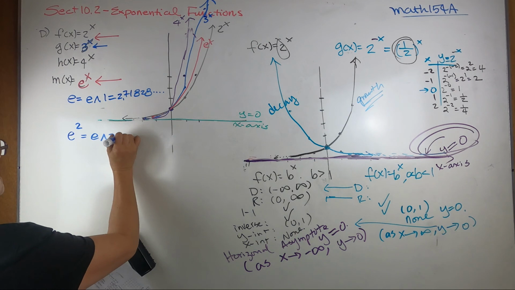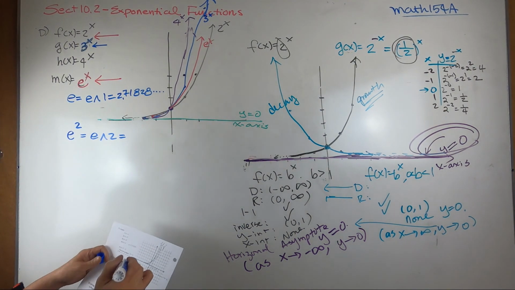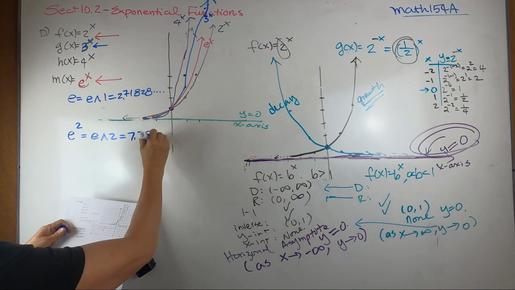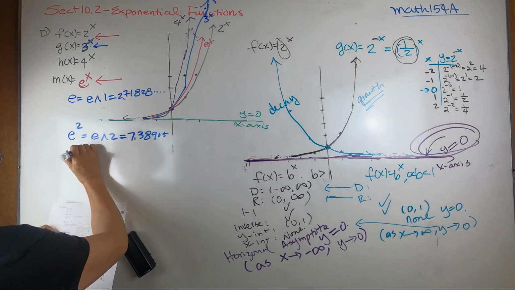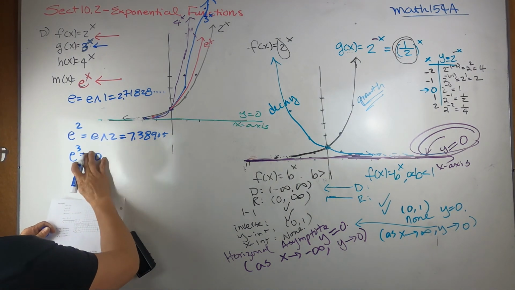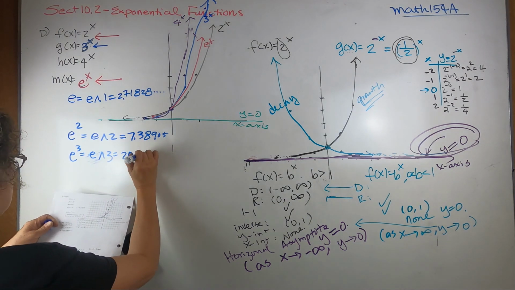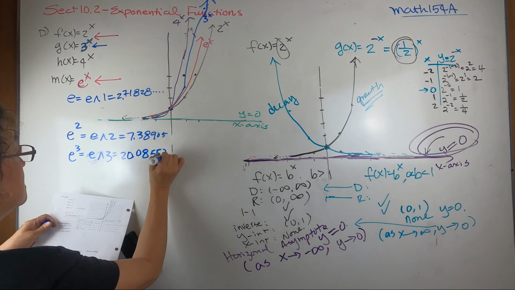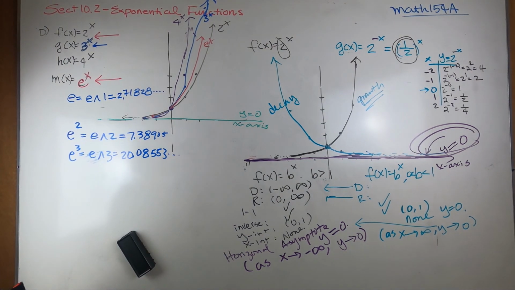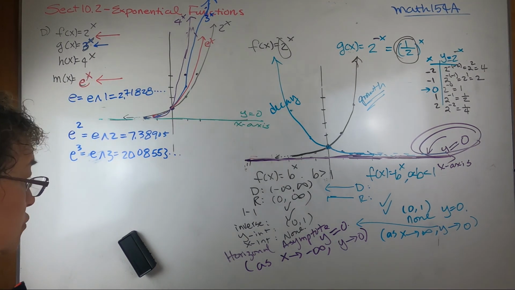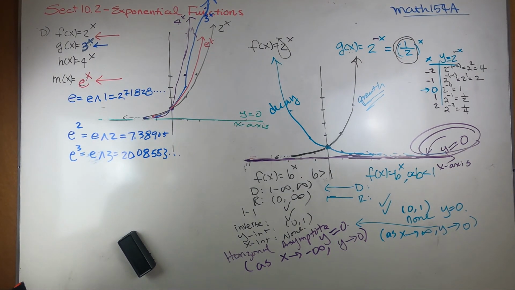You use the calculator like this. Then what kind of number should you have? It's about 7.38905. Okay, practice that. If you have a problem, then call me, then I can explain to you, and over the phone we can go through Zoom, then I can show you, right? Okay?